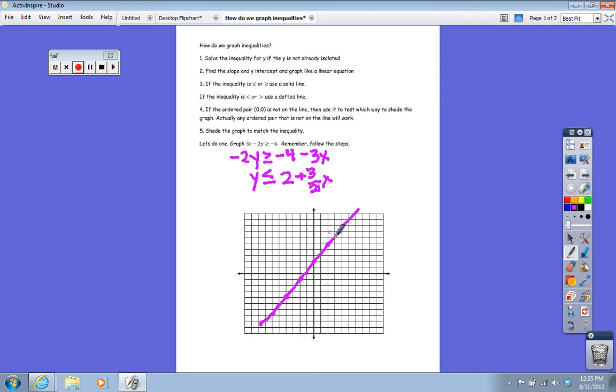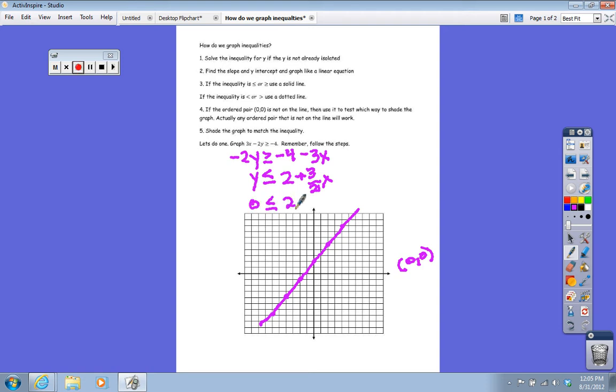Now, if you're not sure where to shade, we can use a test value. Since the origin, 0, 0, remember the origin is where the x and y axes meet, and that's 0, 0. And that's the easiest test value. So we're going to test this side of the line. So we put in a 0 for y.